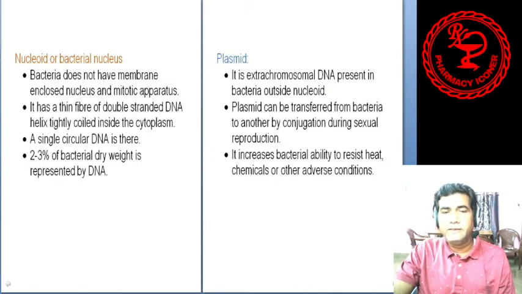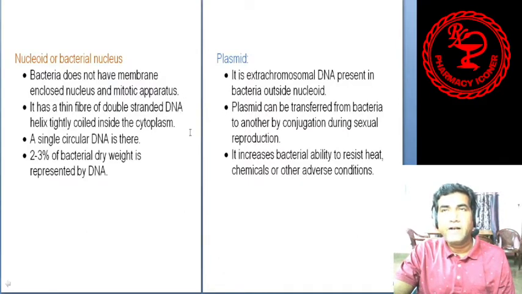So now this nucleoid contains DNA which carries all the hereditary information of the bacteria. It helps in protein synthesis, in the synthesis of enzymes, and it also helps in bacterial metabolism, by producing different types of enzymes and proteins.